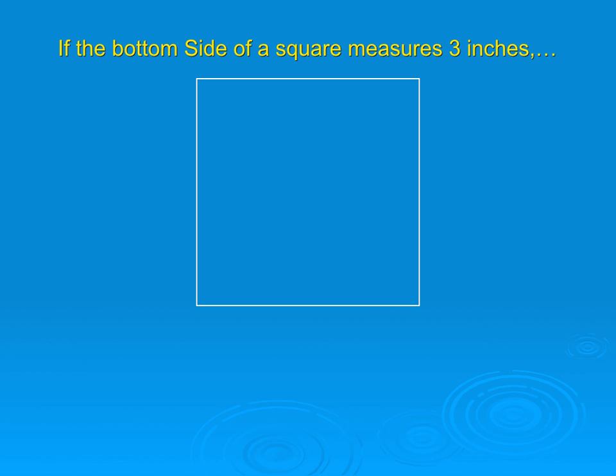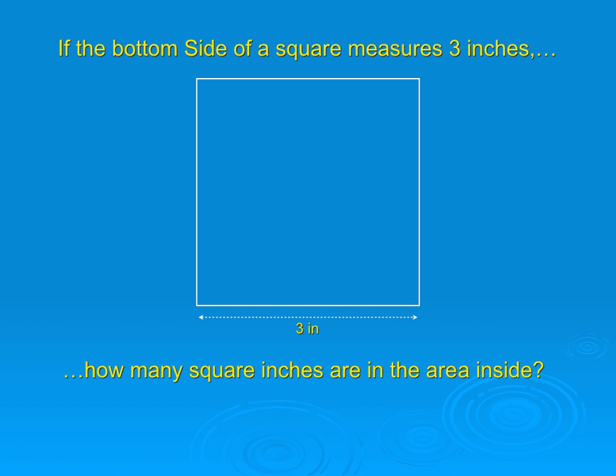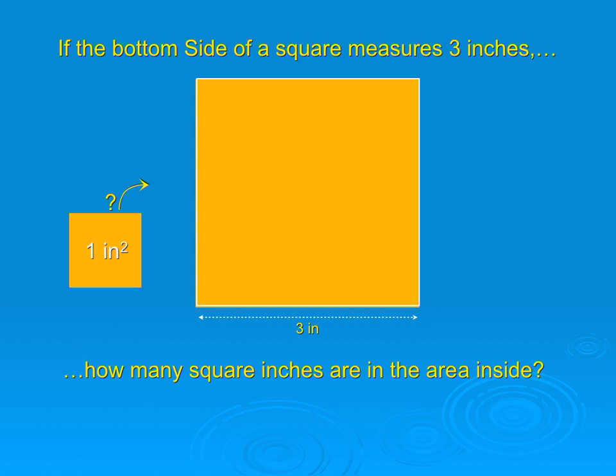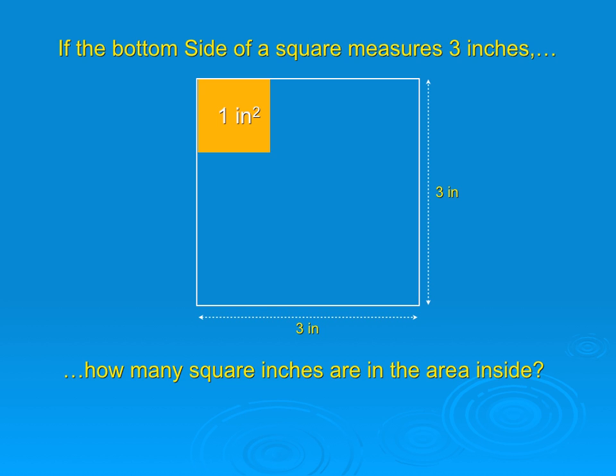If the bottom side of a square measures 3 inches, how many square inches are in the area inside? Well, let's think about that. We know that the bottom side is 3 inches, so the right side is also 3 inches. Well, there's 1 square inch.